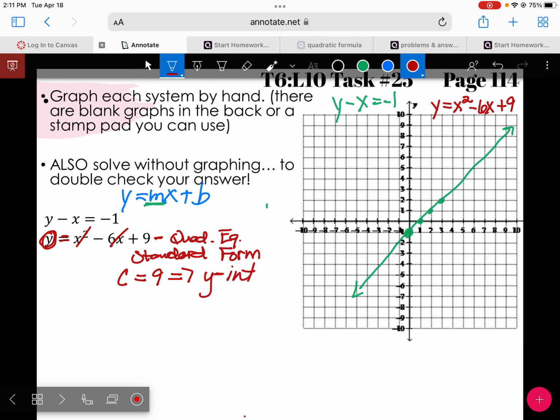Not fantastically helpful, but it's a point, okay? Does this open up or down as a parabola? Yeah, because A is equal to 1. We might as well do B. B is -6. So I know it opens upward.